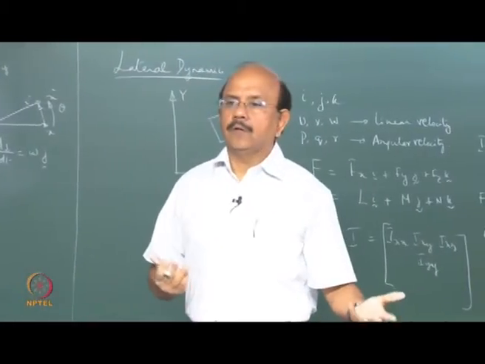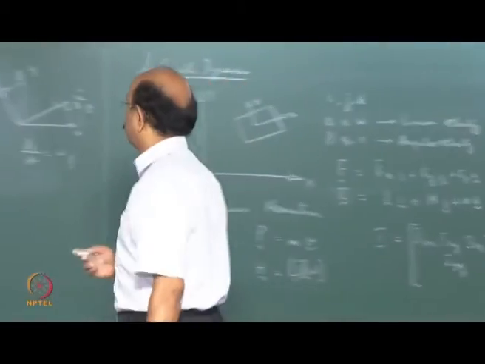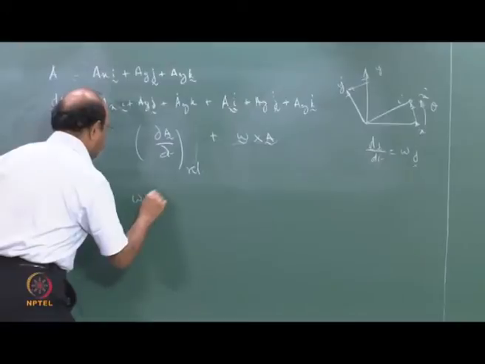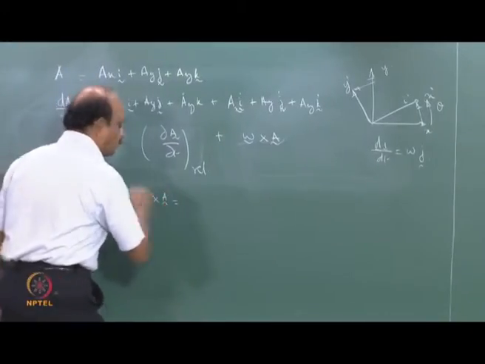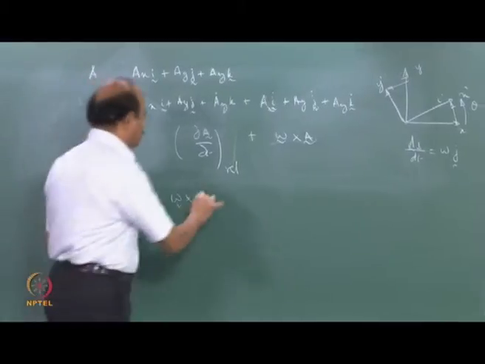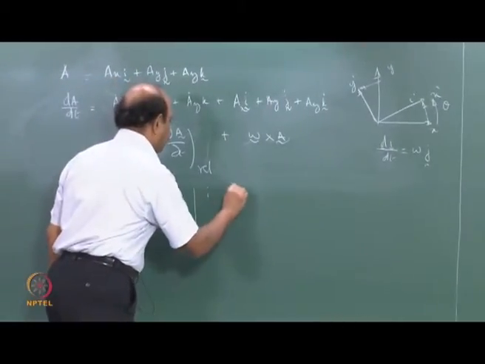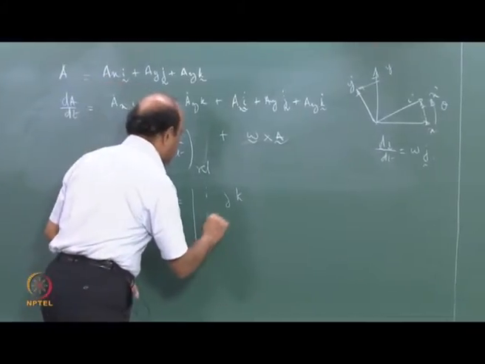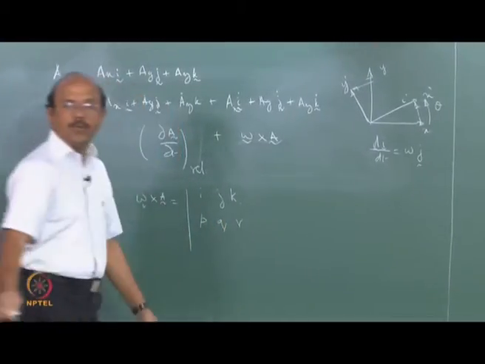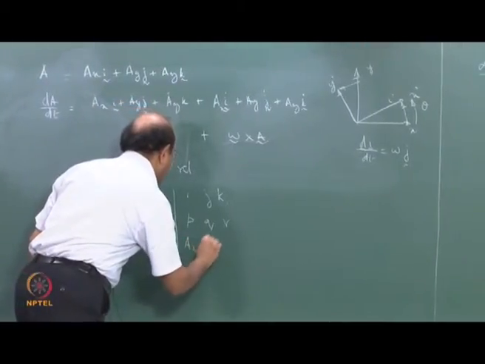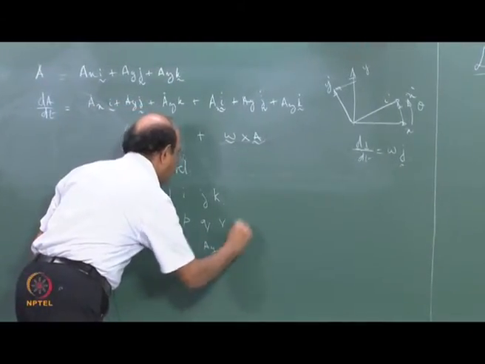Right? Okay, what is omega cross A? All of you know this. Omega cross A, how do I write that? i, j, k. What is omega? As I said before, p, q, r, and A is Ax, Ay, Az.